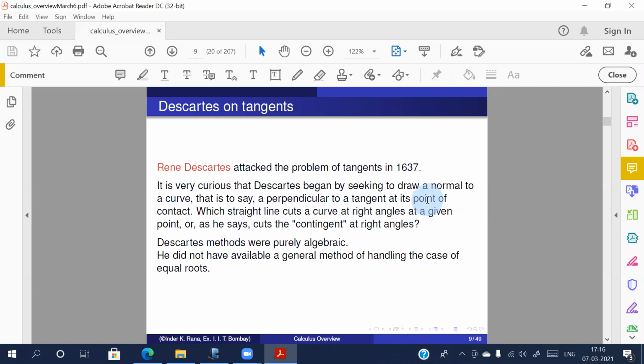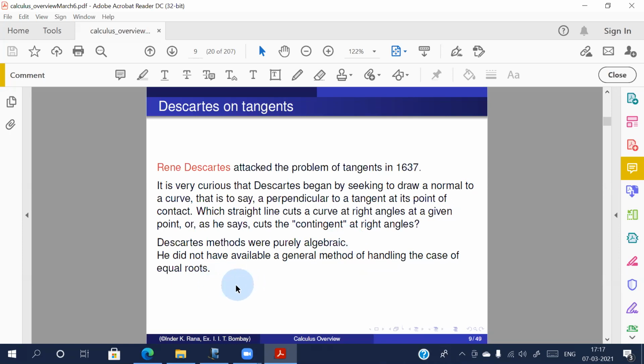So he defines what he calls a normal, and he tries to give expressions for it. He looked at purely algebraic curves, functions given by algebraic expressions, and he was able to give purely algebraic methods of finding these normals and tangents.